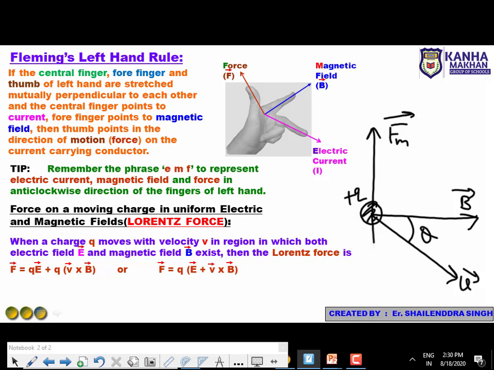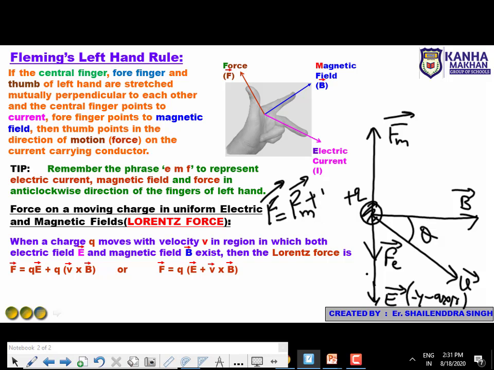Suppose the electric field is also directed like that, along the minus y axis. Then the positive charge will also experience the electrostatic force Fe along the electric field. So, the final force F must be equal to the vector sum of the magnetic force as well as the electrostatic force.